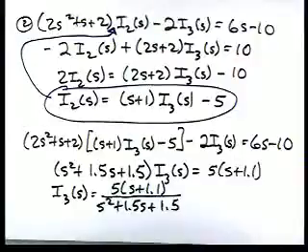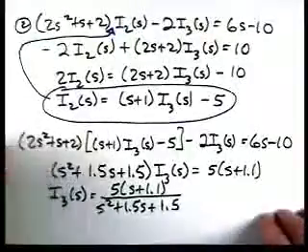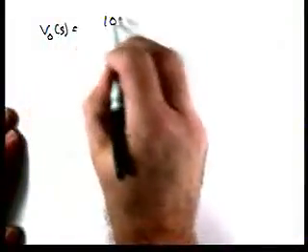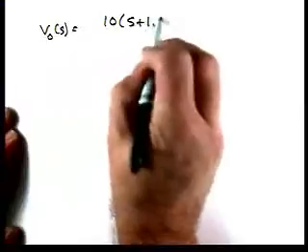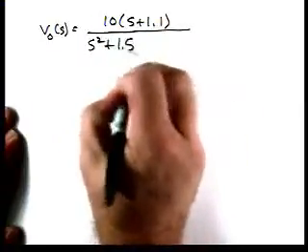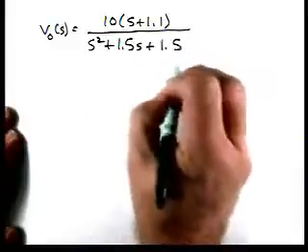And now we know V0 is 2 times that. So V0 is 10 times (s plus 1.1) over (s squared plus 1.5s plus 1.5).